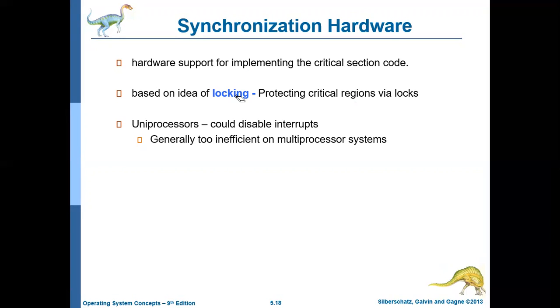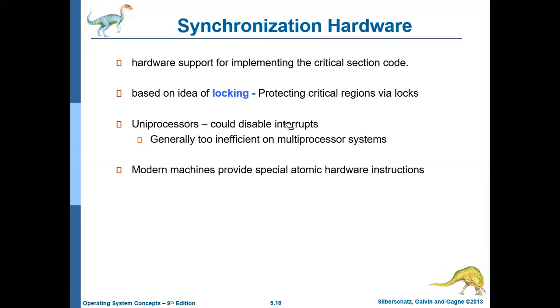In that context, hardware based solutions are available to ensure that process synchronization can be achieved effectively. In this topic, we will be discussing some hardware based solutions which are used to solve the critical section problem and to ensure process synchronization.